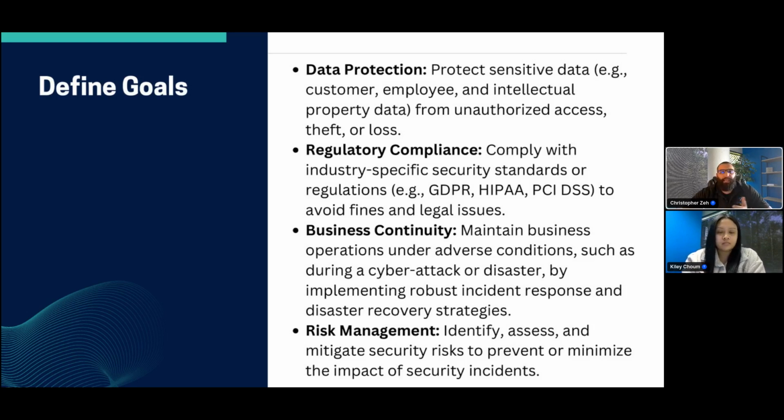HIPAA's a big one. PCI DSS, if you're taking care of credit card information. We want to make sure of business continuity. During a cyber attack or disaster, we want to implement an incident response, so that way we have backups. That way we have a plan just in case something happens like a cyber attack.